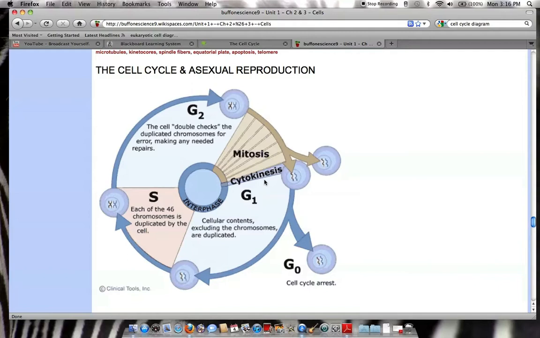Cytokinesis is division of the entire cell, the cellular contents, and the total enclosing and surrounding of that cell by the cell membrane. And then in some cases, the cells have a cell wall, and of course that would have to be produced by the cell, and everything goes along and is created. And then we end up here with 2 daughter cells.